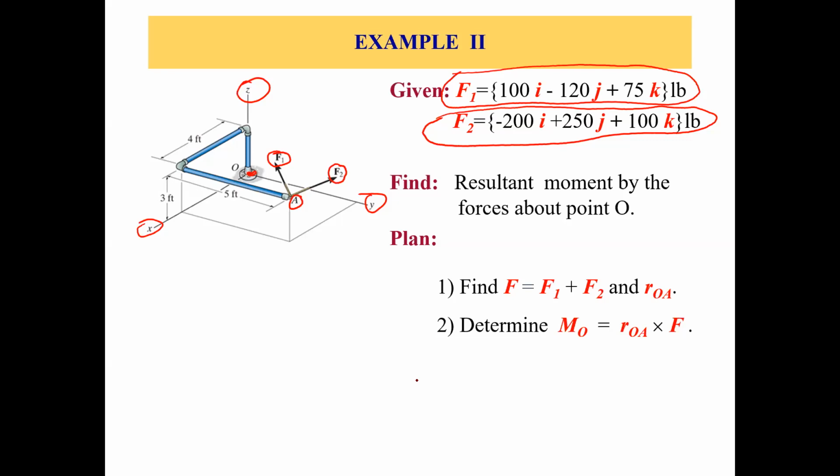So let's do the short one: first find the force F, then find the position vector, because we need it for the cross product. Then we'll do M sub O equals the cross product r OA with the force vector, to find the moment at point O due to these two forces.